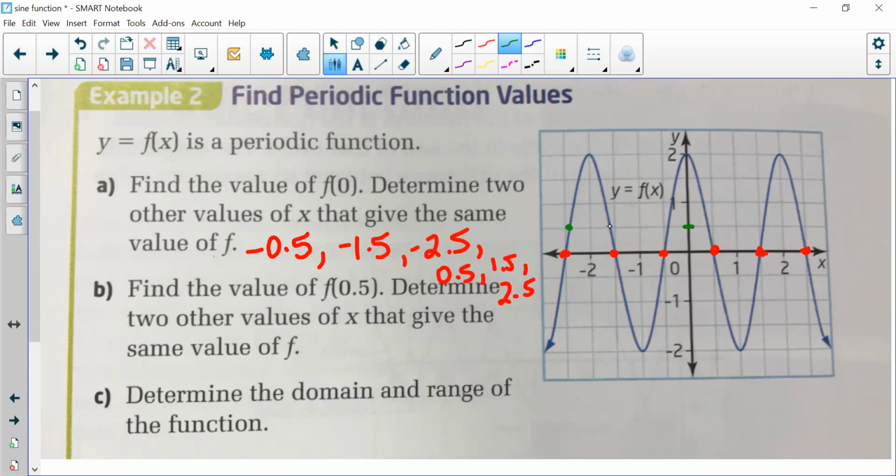So here, here, here, here, here, here. You could record any of those. They're hard because they're not on whole number values, but we could estimate them. It's very close to the same because it's just gone slightly up or slightly down from the 0. I'm just going to put green points on the graph.